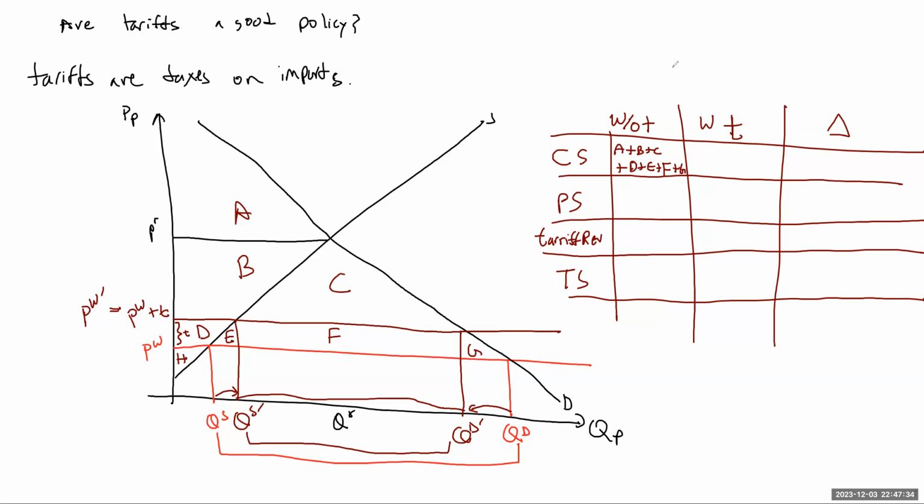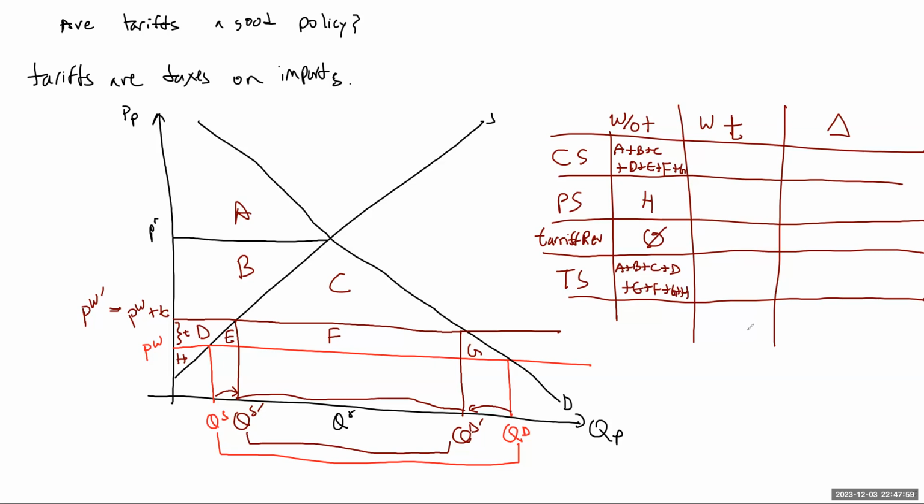Plus G. Producer surplus was just H. Tariff revenue, how much tariff was being collected without tariff? That's just 0. And then total surplus is A plus B plus C plus D plus E plus F plus G plus H.